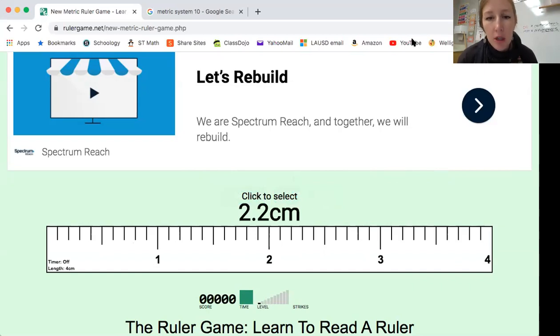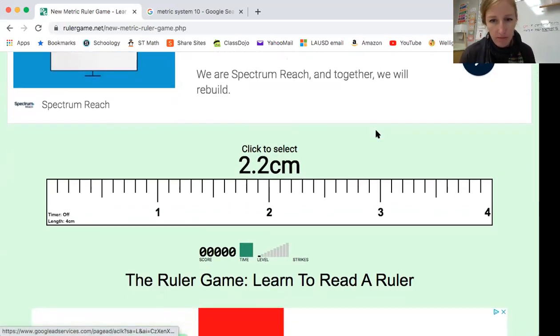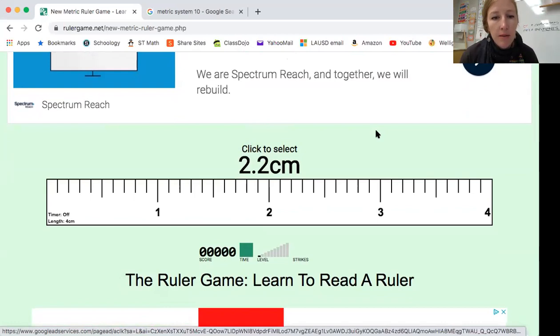It says 2.2 centimeters. So we're talking about centimeters. I'm going to start at the 2, and then I can go ahead to millimeters right there. 34 millimeters. So that means I'm only counting the small lines. Now that's a big number, so I'm going to count by tens.